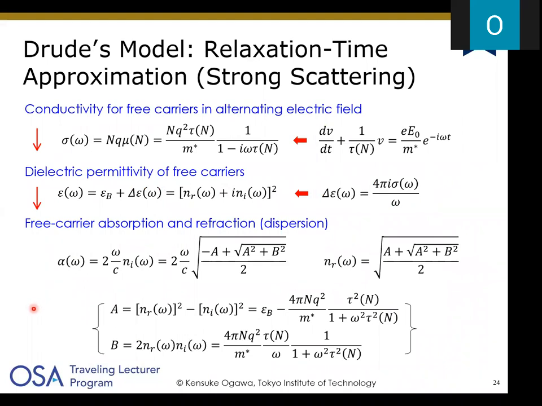So a detailed analysis is based on the Drude equation for single particle charged carriers. So you can analyze the interaction of the light field with the carriers based on this Drude model.